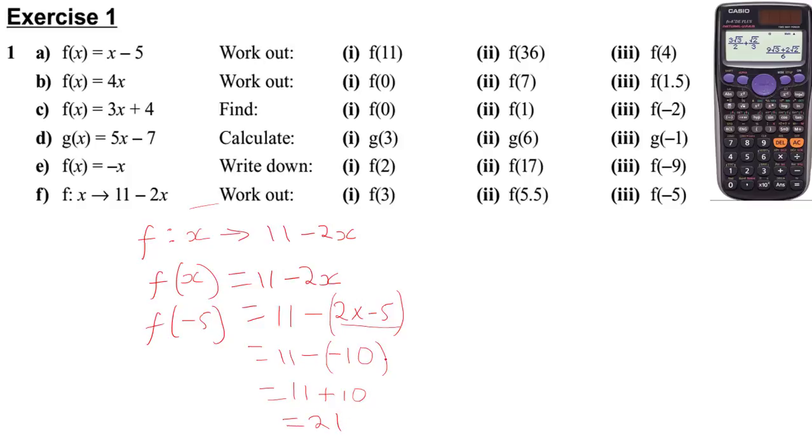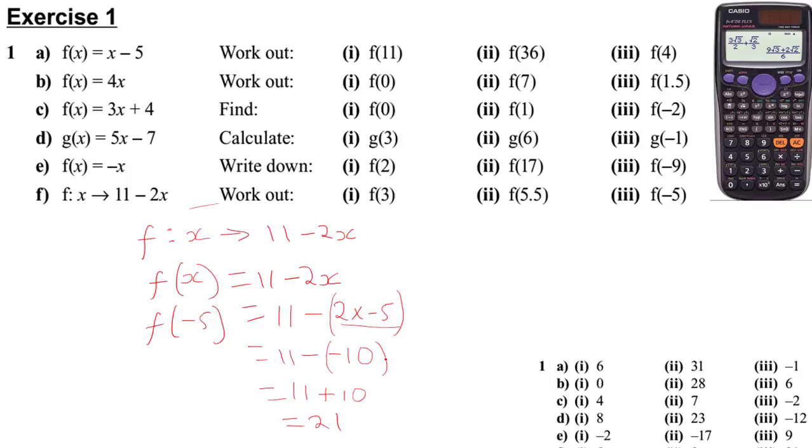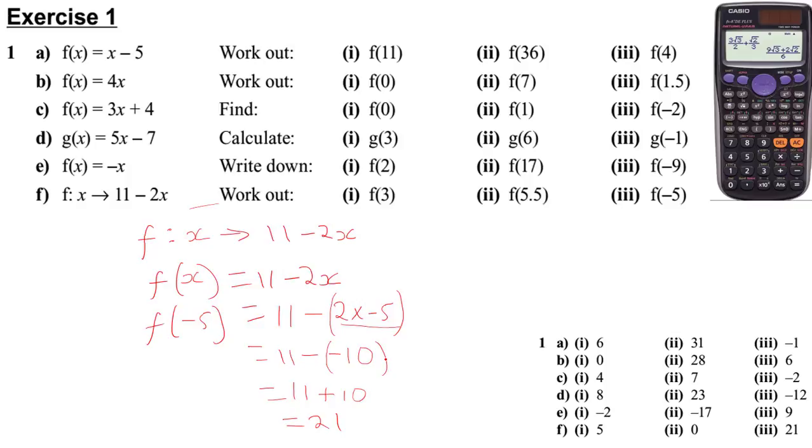Okay. Right. So what I'm going to do now, I'm just going to show you the answers to the rest of the questions, and you might just want to mark them using the answers at the bottom. So the answers for question 1 to F, if you want to really quickly pause the video and just mark your work. Okay. Right, so I hope you marked them.